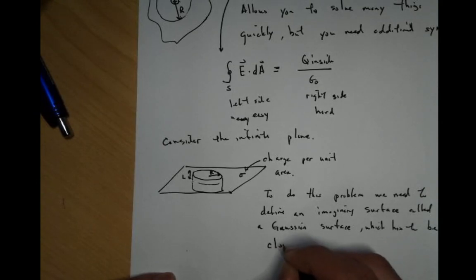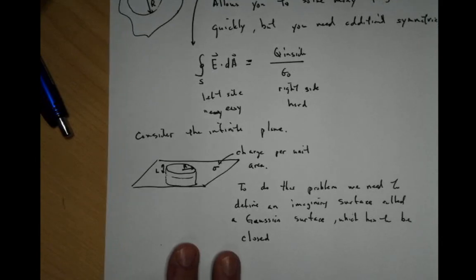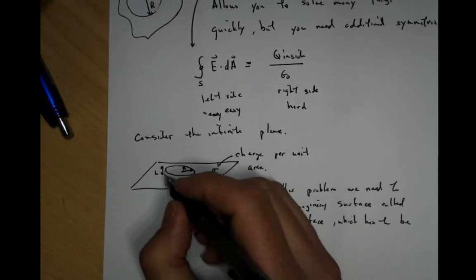So it has to contain everything inside of it. It can't have any leaks or anything else like that. So this is my Gaussian surface.